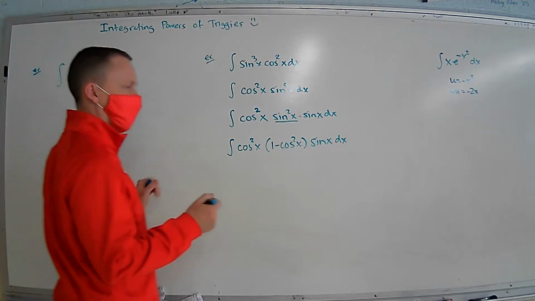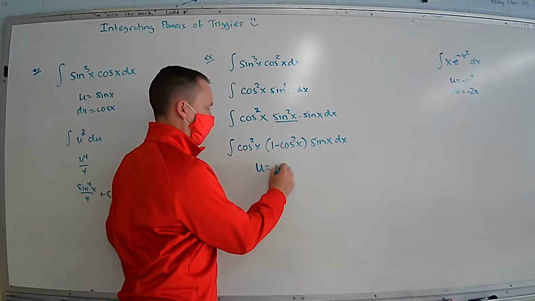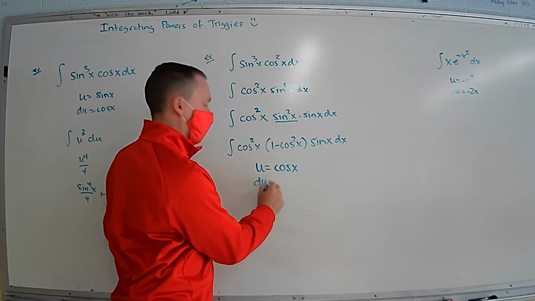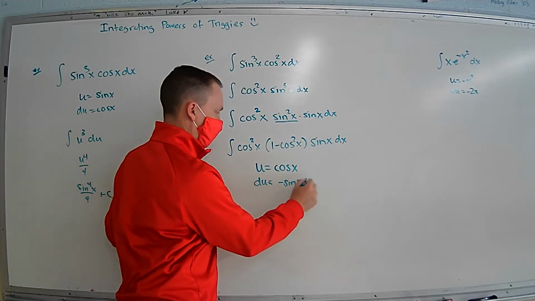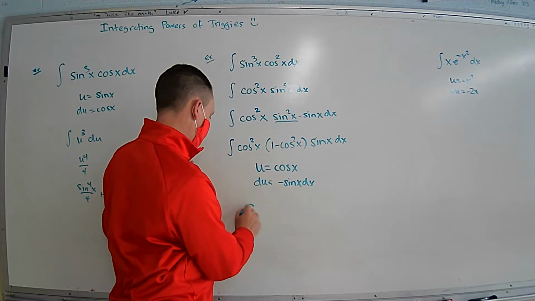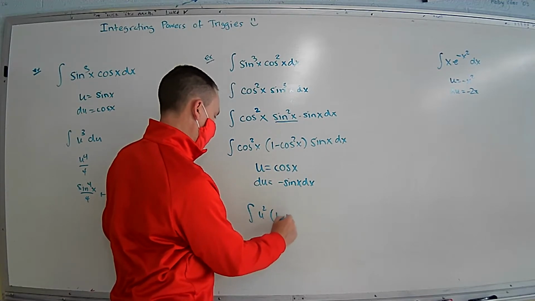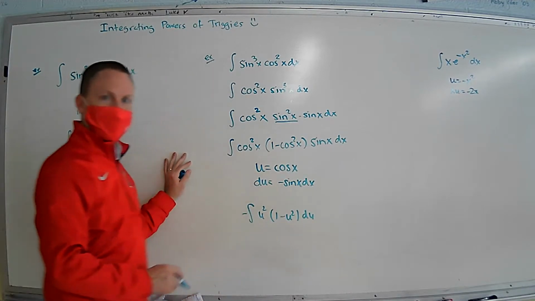But you can, in fact, let u equal cosine of x. And what's du? Negative sine of x. So that's u squared times 1 minus u squared du. And then I'll stick that negative on the outside.